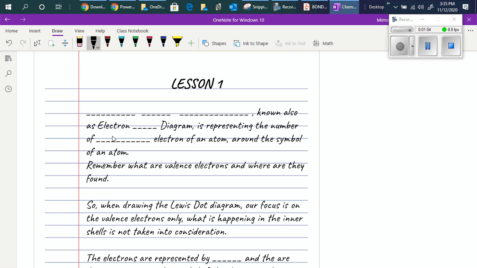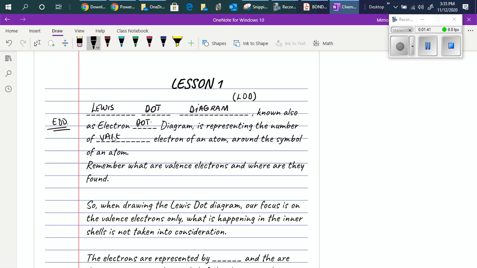Now, remember that the Lewis dot diagram, which very often is known as the electron dot diagram, and very often what you will see for Lewis dot diagram will be LDD, and for electron dot diagram will be EDD as the acronym, is representing the number of valence electrons in the atom.